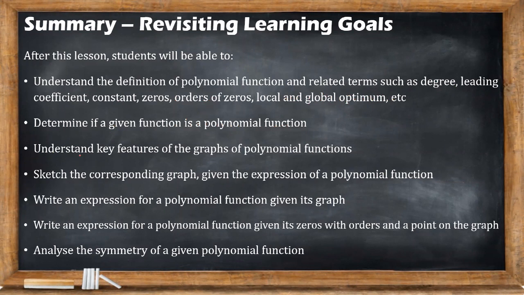Also, you should be able to understand key features of the graph of polynomial functions, sketch the corresponding graph given the expression of a polynomial function, write an expression for the polynomial function given its graph, and write an expression for a polynomial function given its zeros with orders and a point on the graph. And last, you should be able to analyze the symmetry of a given polynomial function.